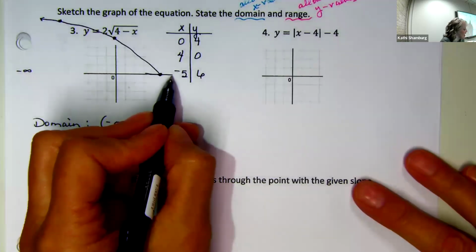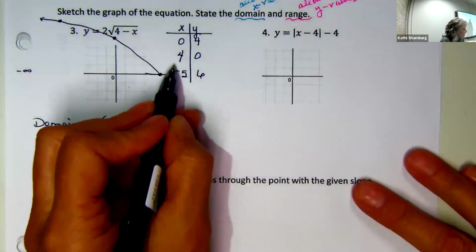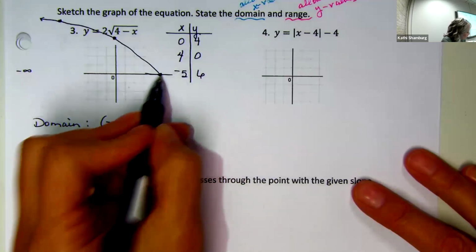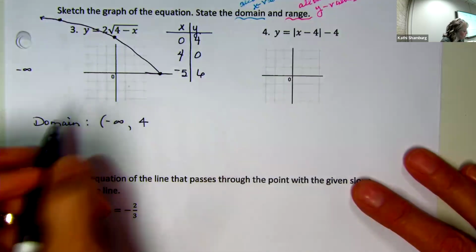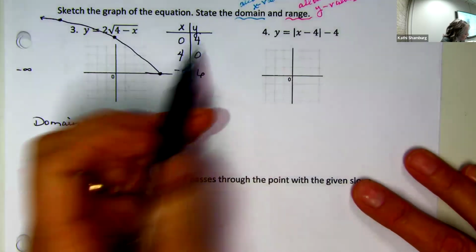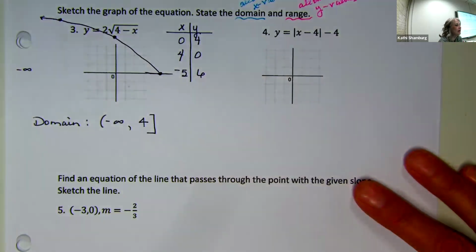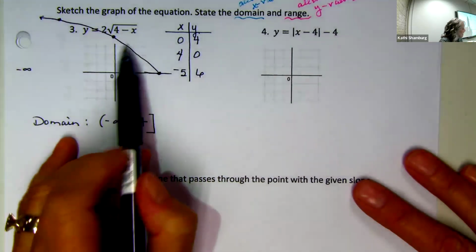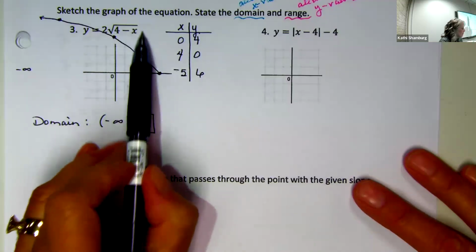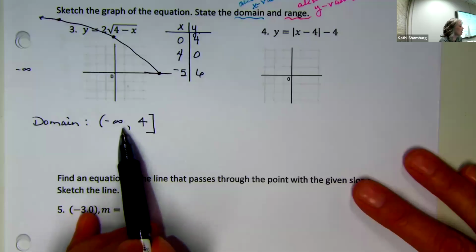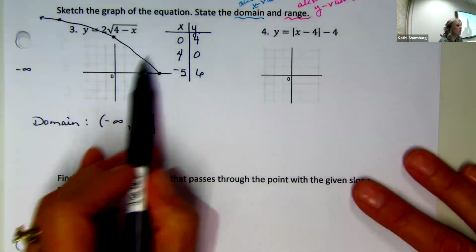But if I go to positive 5, if I go up or down, there is no way to get to my graph. So 4 is as far as I can go. And since 4 is included, we do a closed bracket. So the domain, meaning my allowable x values, any x value I would plug in here, as long as it fits in the interval negative infinity to 4, then we're going to be okay.